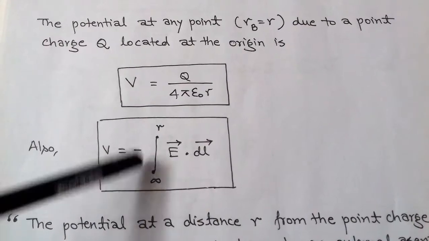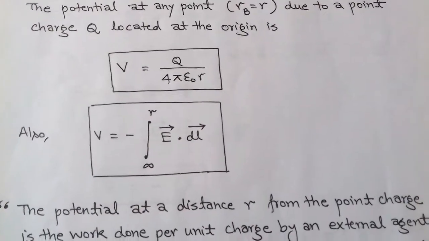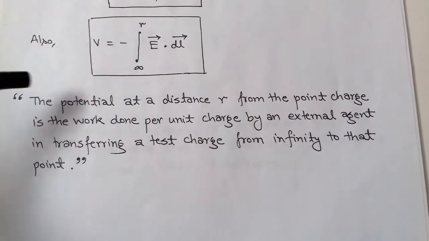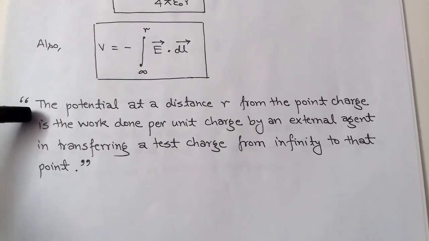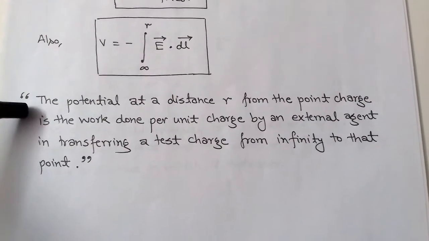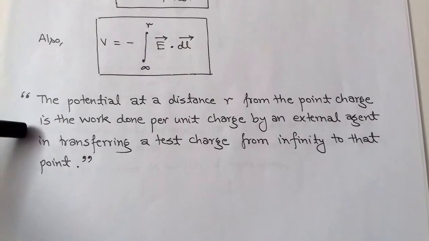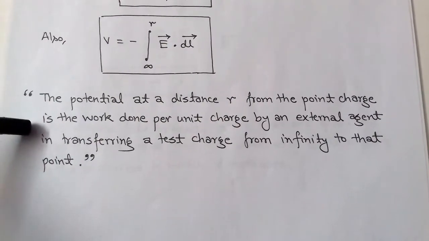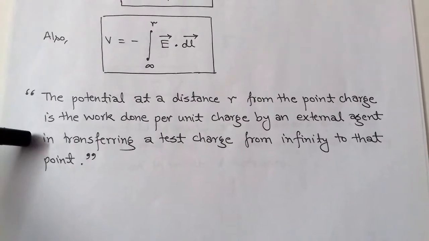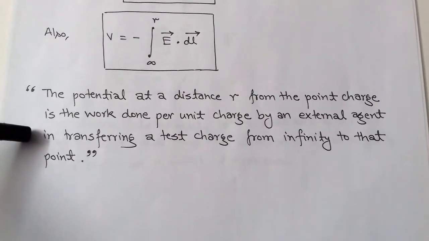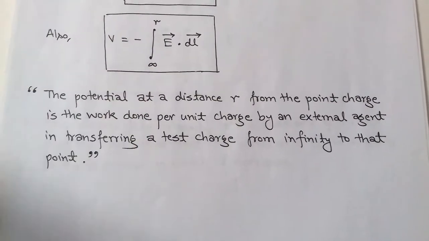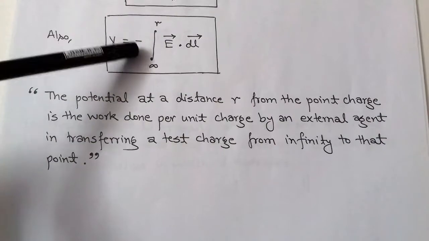In terms of integration, the potential is equal to minus integral of E dot dl, and the limit is infinity to some point R. From this equation we observe that the potential at a distance R from the point charge is the work done per unit charge by an external agent in transferring a test charge from infinity to that point.